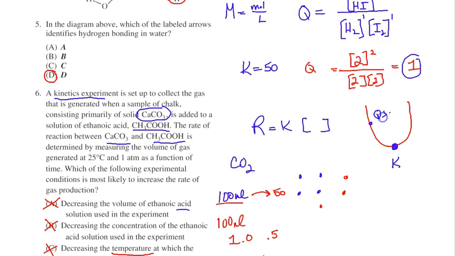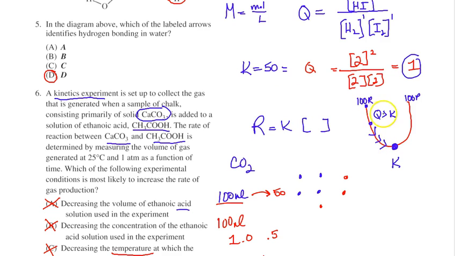For those that didn't have me, this position on the right would be 100% reactants, and this would be 100% products. Because K is a bigger value, my top number should be bigger. So we always know that we're moving toward K.